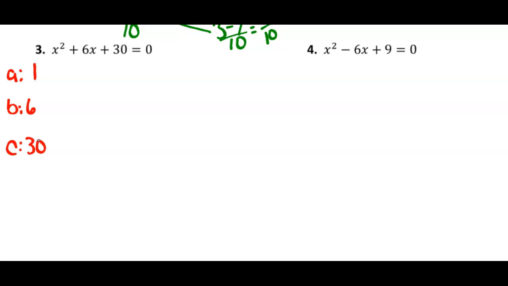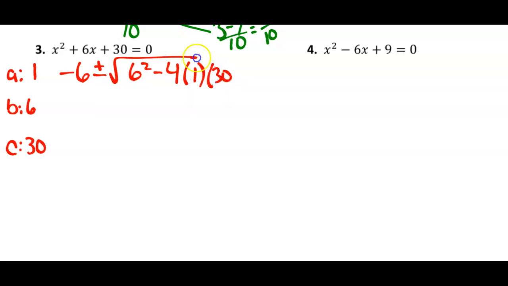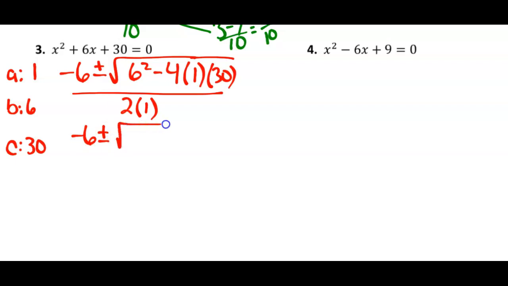So let's see, the opposite of b is -6 plus or minus the square root of 6 squared minus 4 times 1 times 30, all over 2. I keep forgetting to do that extra parentheses. What's my a? 1. So I've got the opposite of 6 plus or minus the square root.